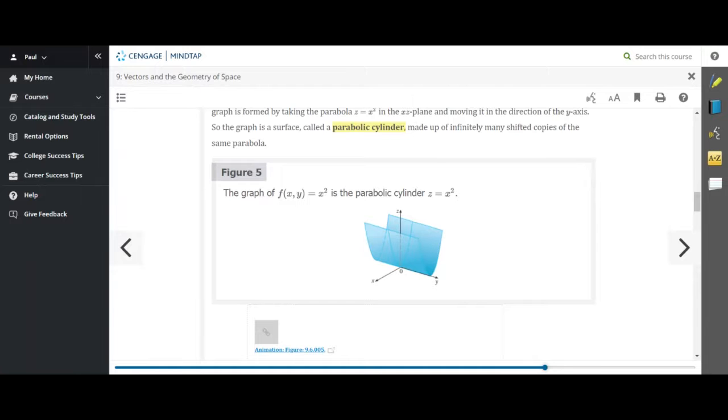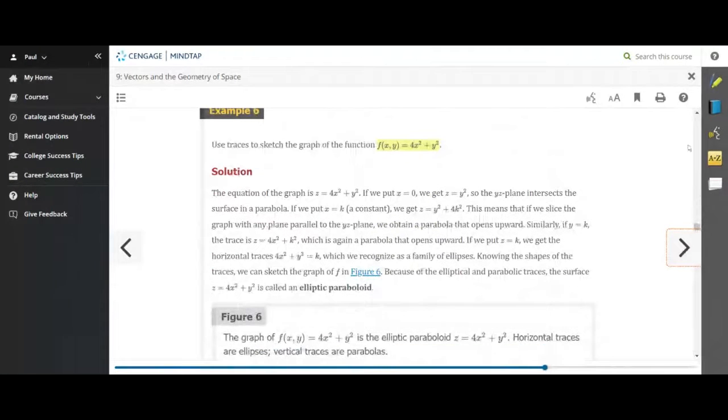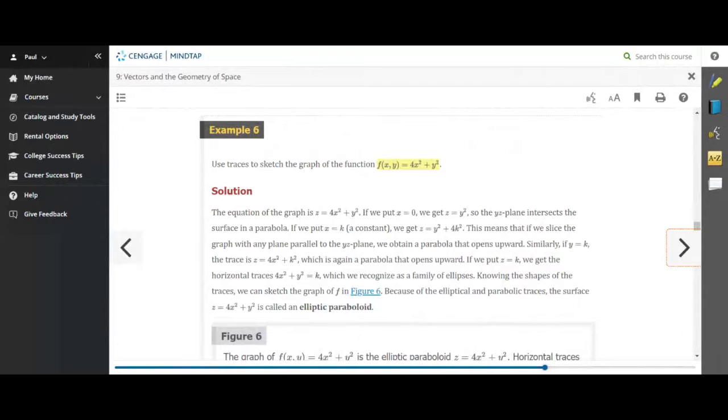Well, let's look at another example. They say, in this example 6, use traces to sketch the graph of this function: f of x, y equals 4x squared plus y squared.